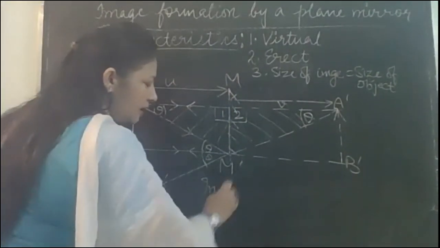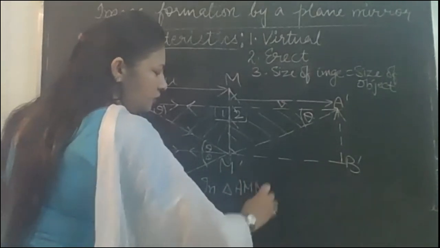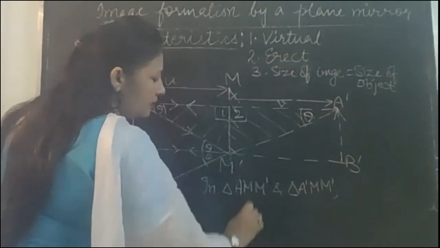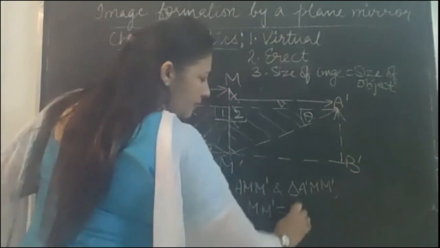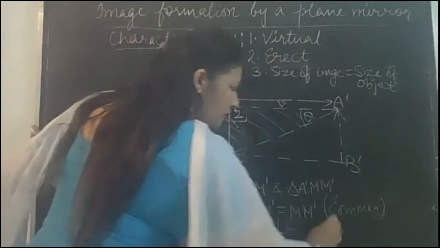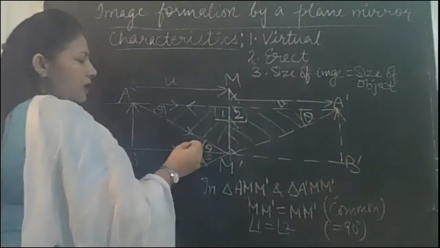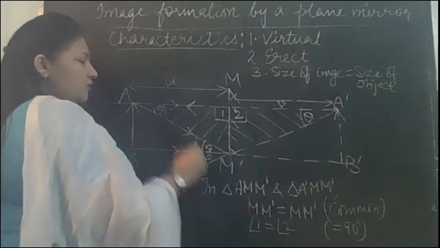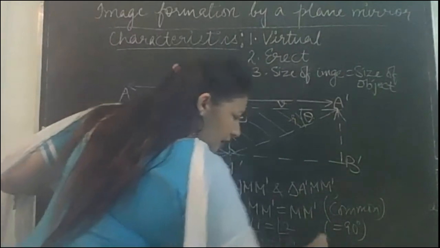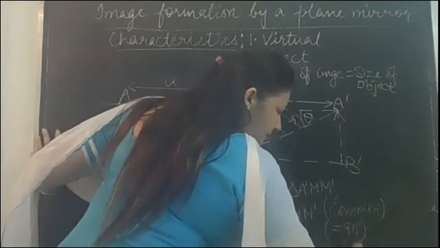In triangle AMM dash and triangle A dash MM dash, MM dash is equal to MM dash, common. Angle 1 is equal to angle 2, each equal to 90 degree. Okay, let us call it angle I and angle R. So this is I and this is R. Angle I is equal to angle R, that is laws of reflection.